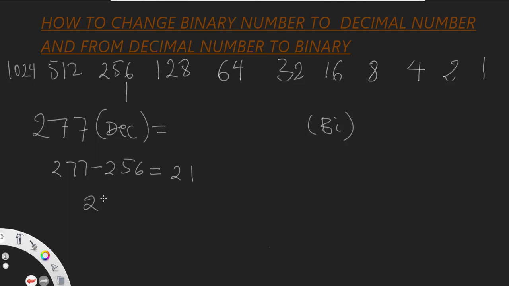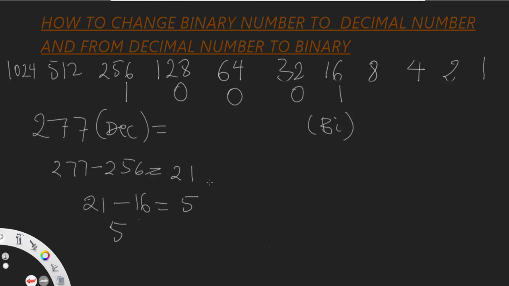Now look at 21. Here, 21 should be somewhere there. So here we'll put 0, 0, 0. Then for 21, we have now 16. We minus 16, so our answer is 5. As we have a 16, we put 1 there. Now we look at this number 5. We cannot have a negative number, okay?